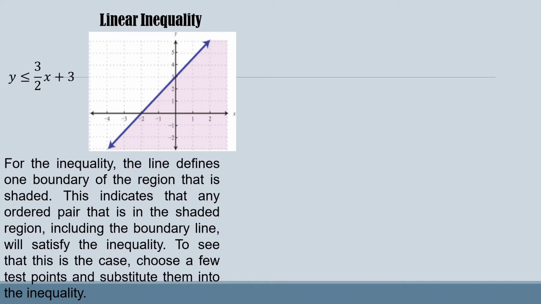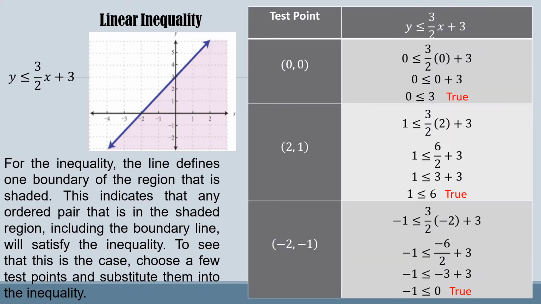To see that this is the case, choose a few test points and substitute them into the inequality. The test points are (0, 0), (2, 1), and (-2, -1). And these test points satisfy the given inequality, so all these solutions are true.